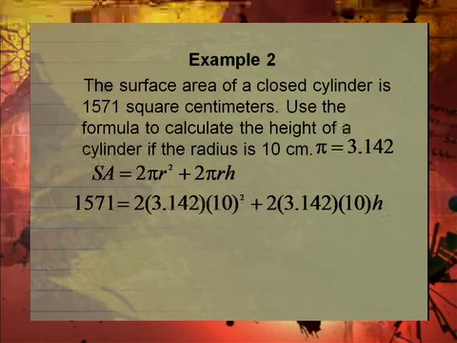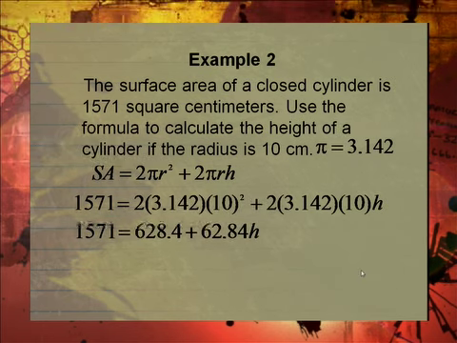Now, this is the one at the end that we're working out, but we do this bit by bit. 1571 equals, put this on a calculator, you get this. This is your answer when you put it on the calculator. And if you put from 2 to 10, you get 62.84, then 8 there. Okay, now we do this.